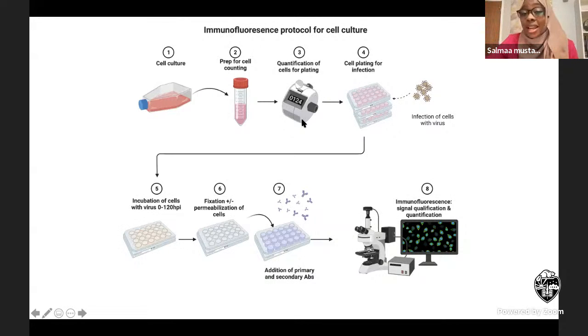The reason why you want to count your cells is that if you're going to go far out, up to 120 hours post-infection, the number of cells that you plate will be smaller because you want to leave room for growth, okay? If you start with the highest number, they may not last up until 120, and they may be dying not because of the virus, but because there's no room for them to grow. Those are the kind of things that you take into consideration during your troubleshooting.